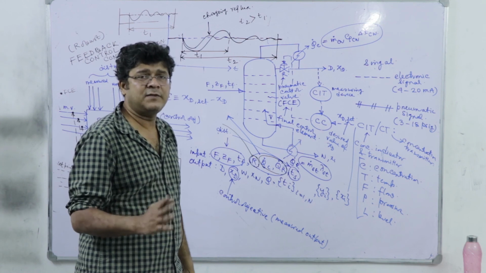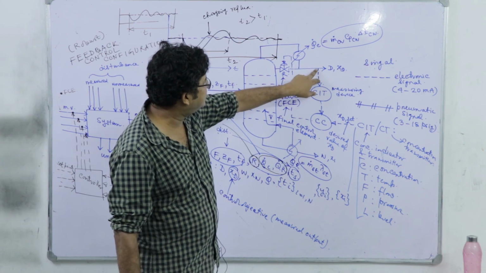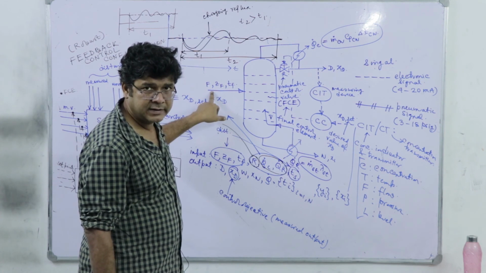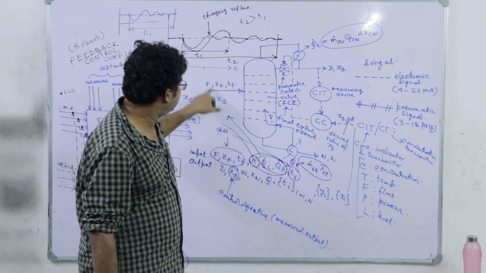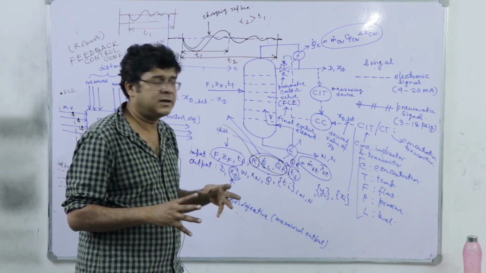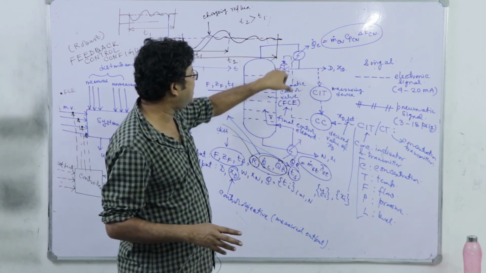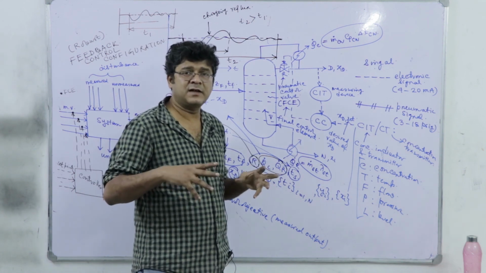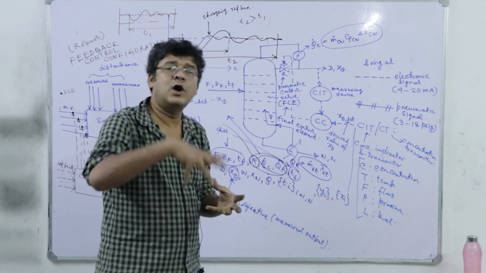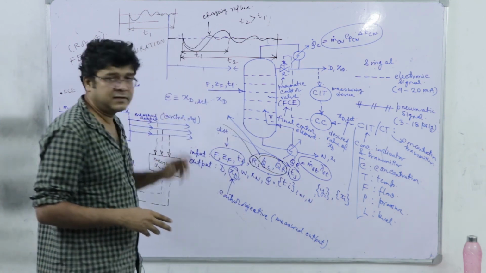So, once we have identified the flow rate as a potent source of disturbance, then instead of measuring this output, now we will measure the flow rate, right, for the sake of composition control. So, we will measure the flow rate and we will check whether it is at design value or whether it has been deviated. So, once it deviates, immediately the controller will suggest that you change the reflux ratio. You change the reflux ratio such that where the change flow rate is affecting the system, its correction is already present, right, because the correction is change reflux ratio and the disturbance is a change in the flow rate.